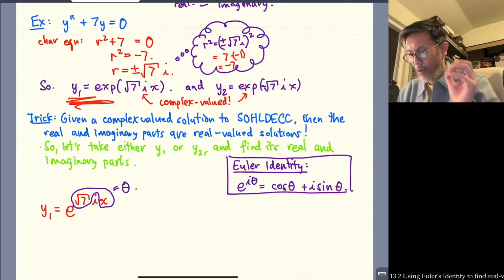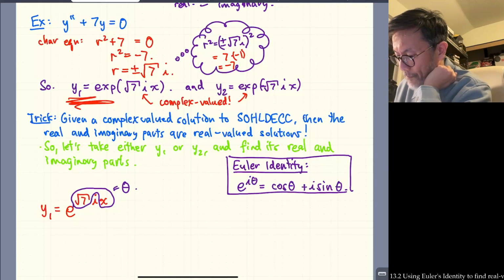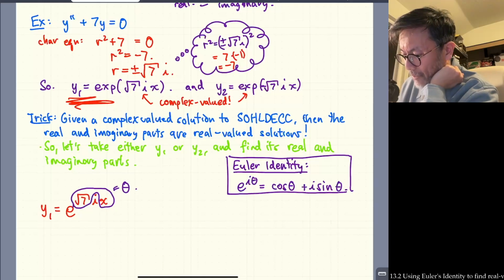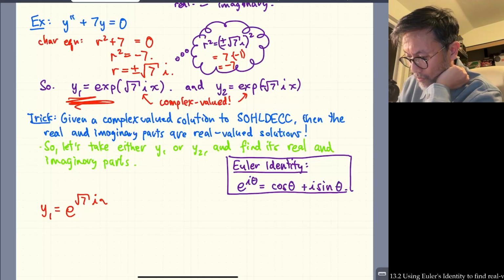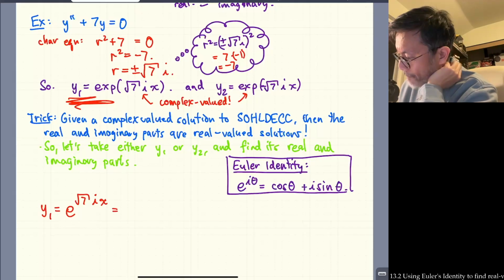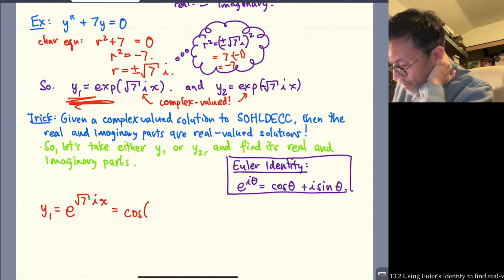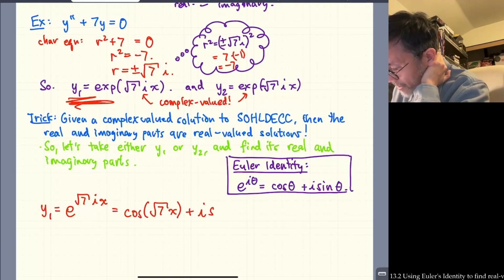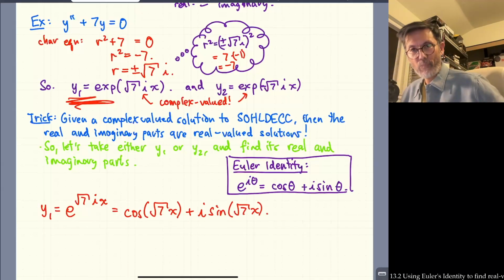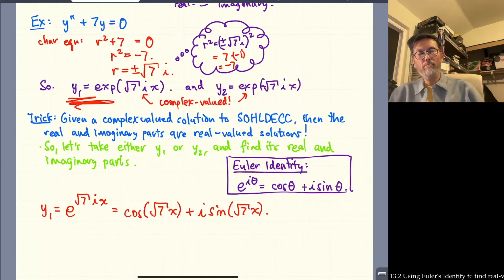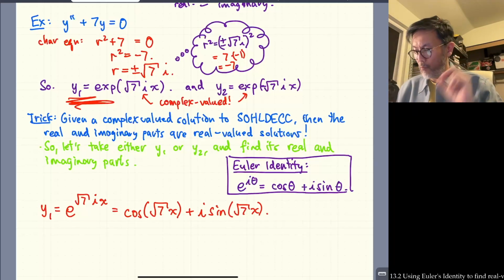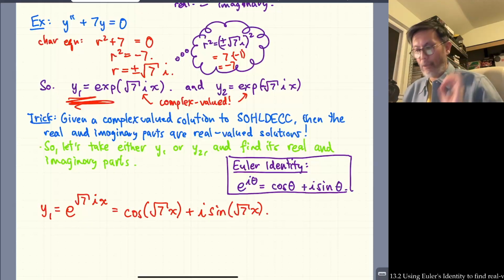What this allows me to do is rewrite e to the square root of 7 i x as cosine of square root of 7 times x plus i sine square root of 7 times x. Now, we see immediately what the real part of y1 is and what the imaginary part of y1 is.